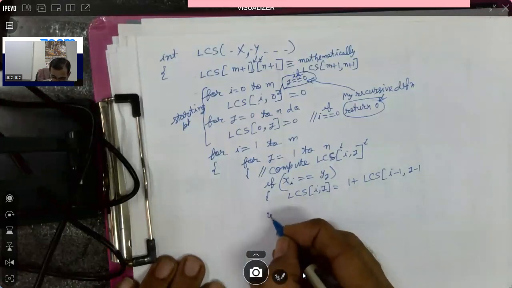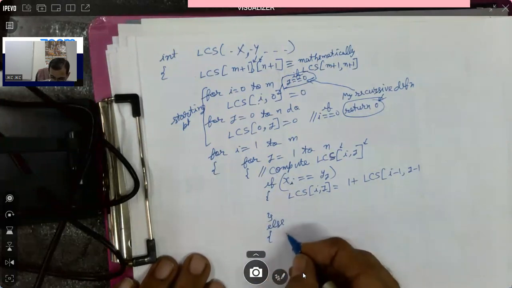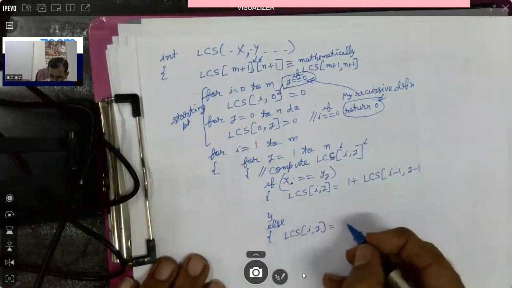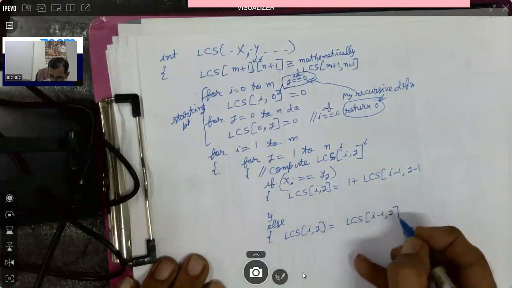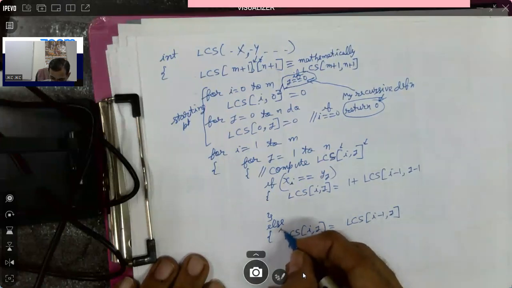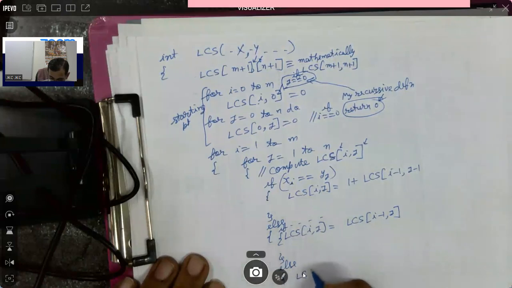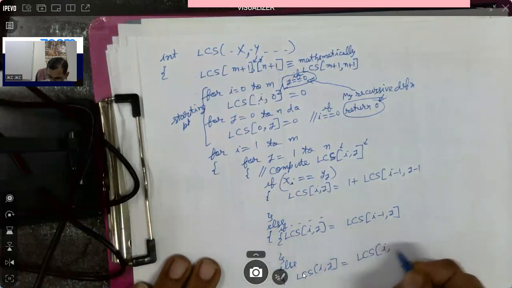So this is one. Else I will say my LCS of i, j will be equal to, let's say, LCS of i minus 1, j based on some if condition. Else it will be reverse. LCS of i, j will be nothing but equal to LCS of i, j minus 1.